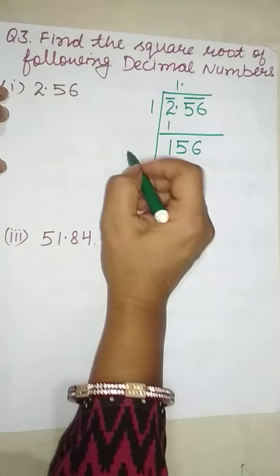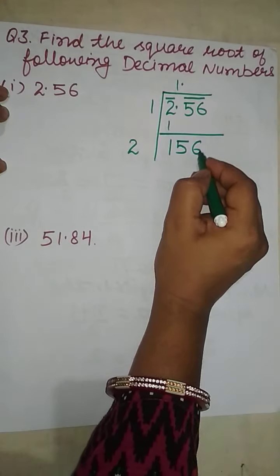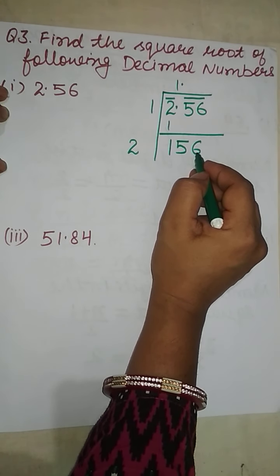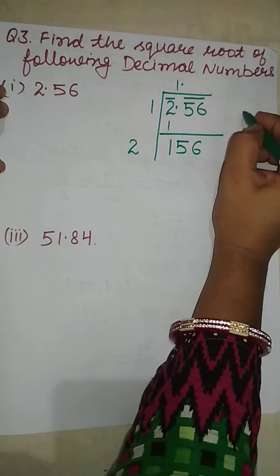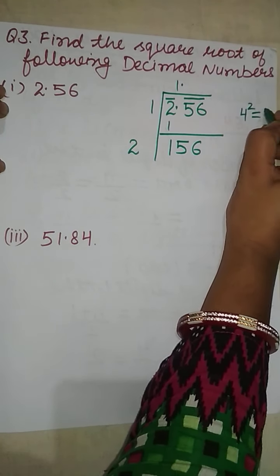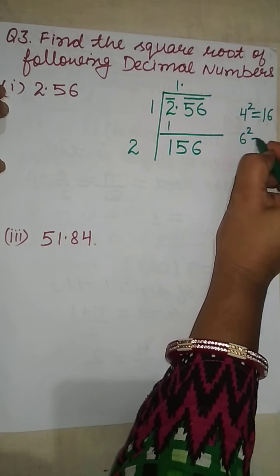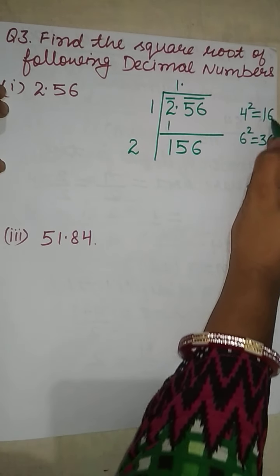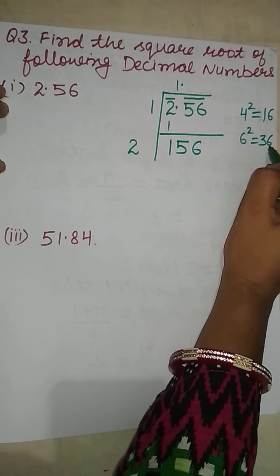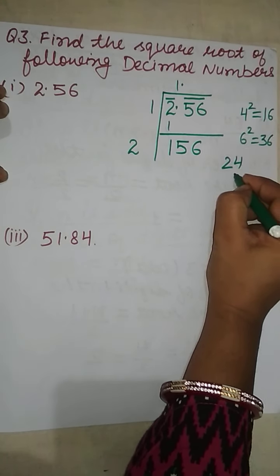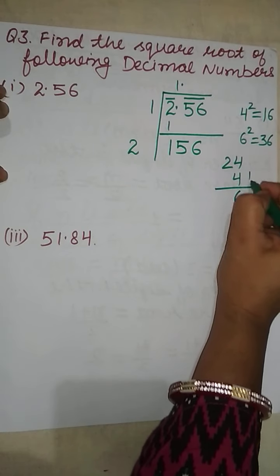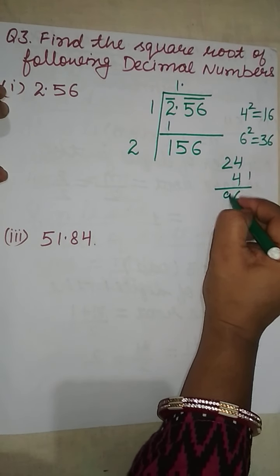And this 1 and 1 is 2. Now I have to find the number which will have the unit digit 6. And we are having square of 4, 16, square of 6, 36. Both the numbers have unit digit 6. Now I'll find out which will be the answer. Firstly, I'll put 4 here. 4 4s are 16, 4 2s are 8 plus 1, 9, 96.